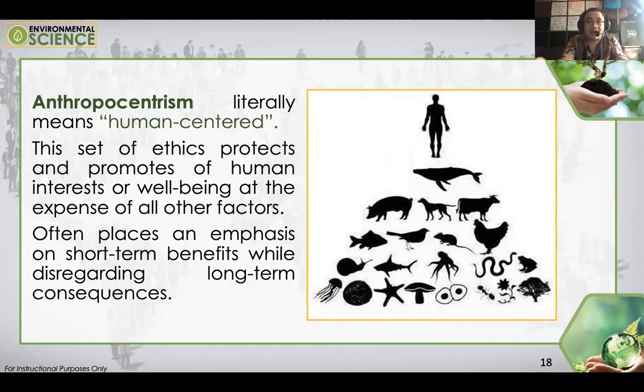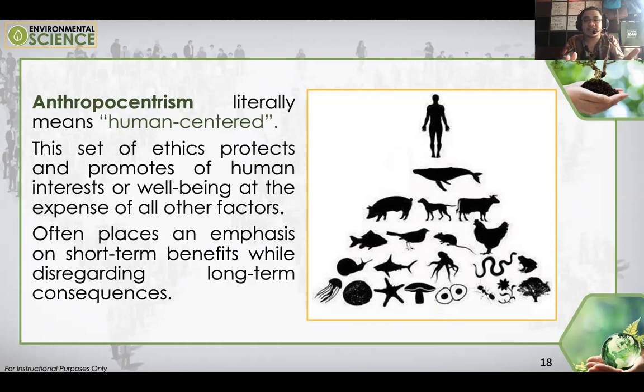Anthropocentrism is not all bad, but it is somehow bad because humans would consider themselves rather than other species, because humans see themselves as the top or the apex predators. That is what happens when you are anthropocentric. But if you are anthropocentric in a good way, since you are above all creatures, the tendency is that you have to protect the environment.